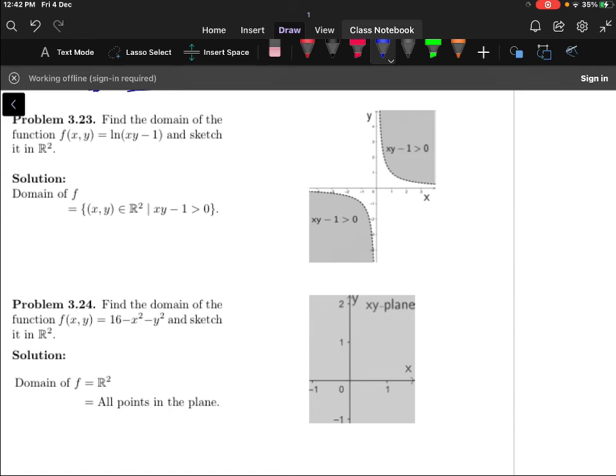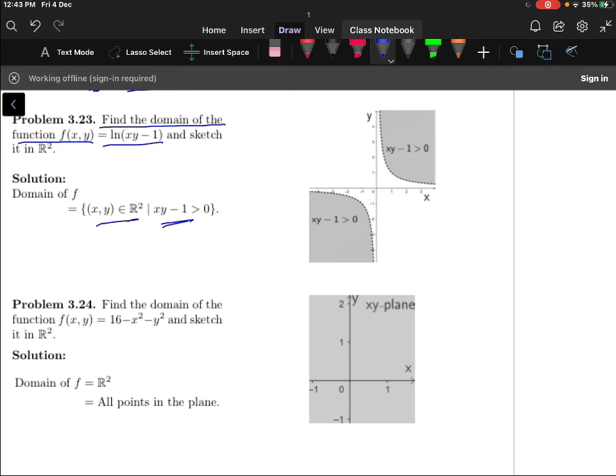So the next problem is: find the domain of the function f = log(xy − 1) and sketch it in R². For the domain of f, we should take the elements of R² but xy − 1 must be positive.